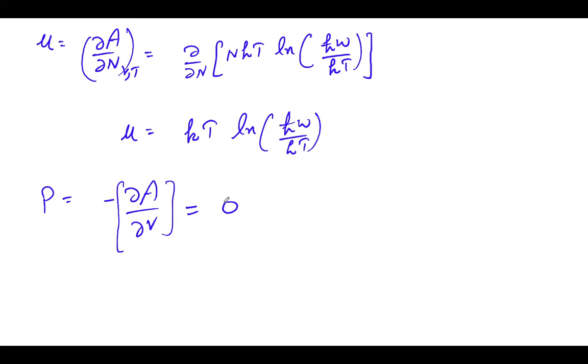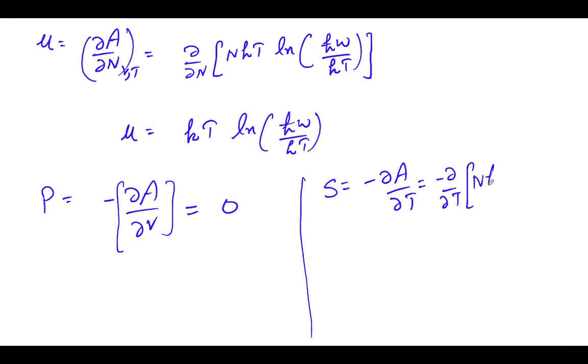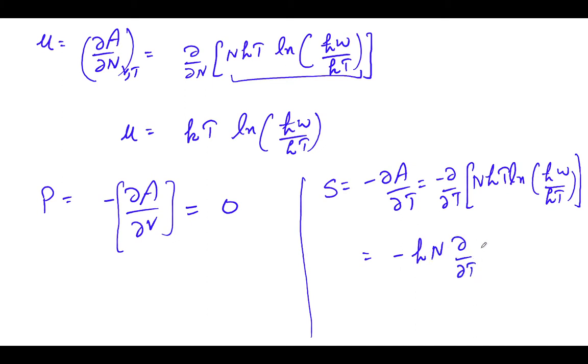Similarly you can find out the value of S, that is the entropy, which is minus curly A over curly T. So with nkT, this is our value of A, times log of h bar omega over kT. When you solve it, it is minus kn curly by curly T of T log of h bar omega over kT.